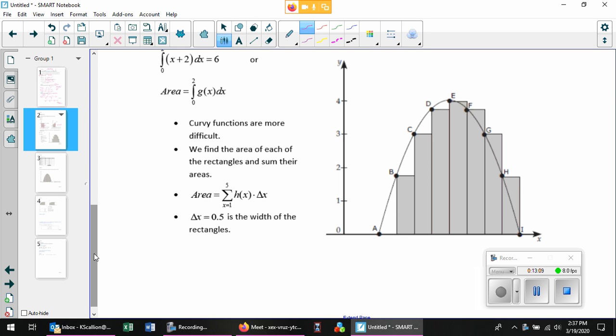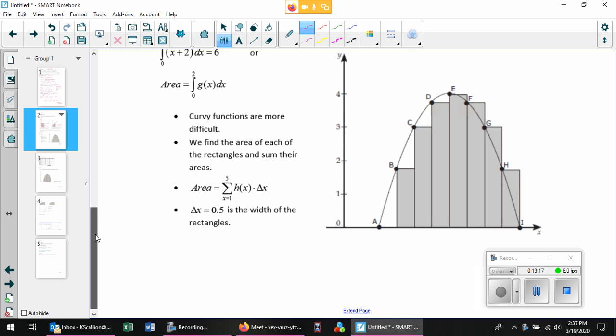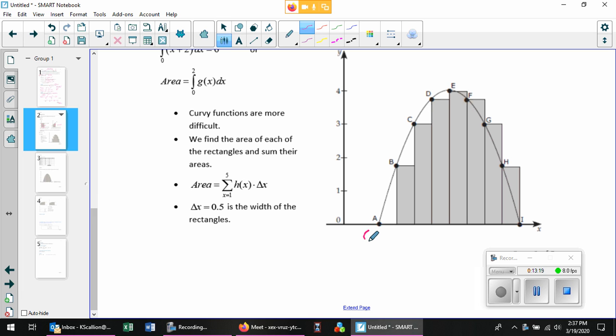We don't know the heights of this one, so this would be hard for us to do. But let's try. So A has a point at, we'll say, 1 and 0. B has a point of, what do we think? 1.5? Yeah, sure, 1.5.